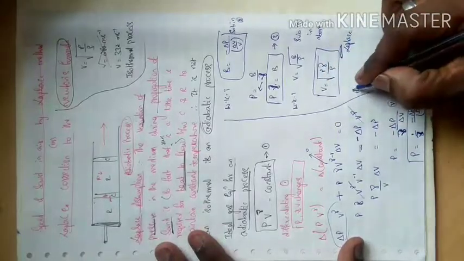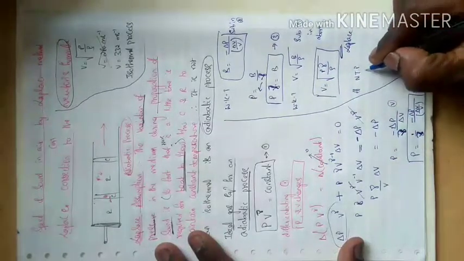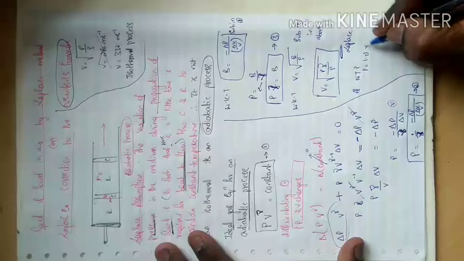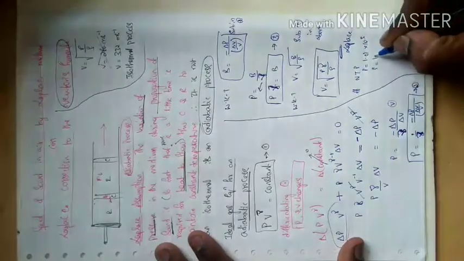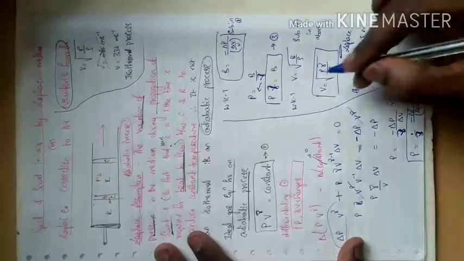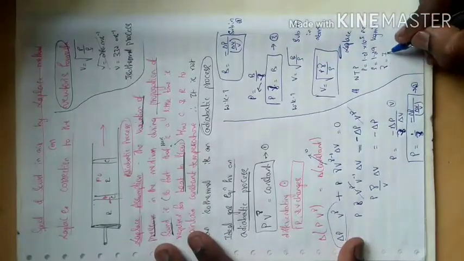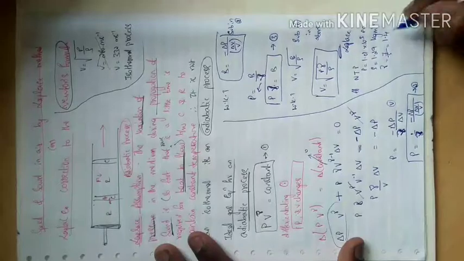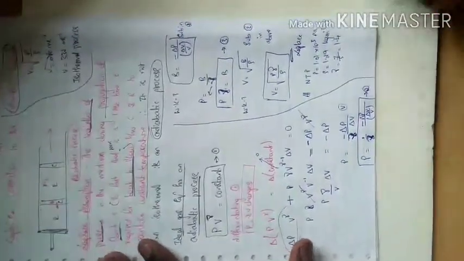Now at normal temperature and pressure, P is equal to 1.01 into 10 to the power of 5 Pascal, rho is equal to 1.29 kg per meter cube, and gamma value is 7 by 5, that is 1.4 for dry air. This is the specific heat ratio.